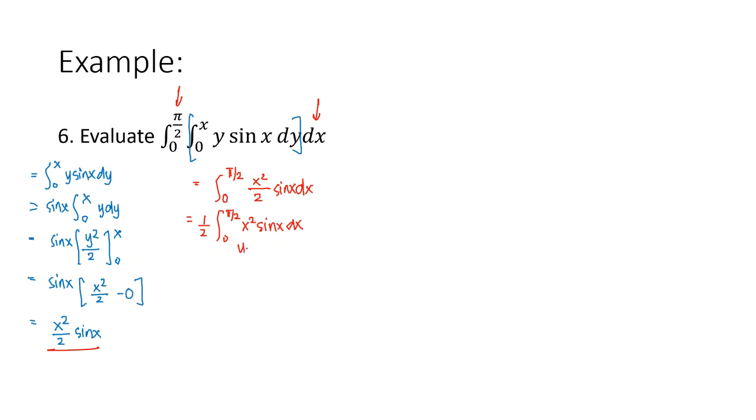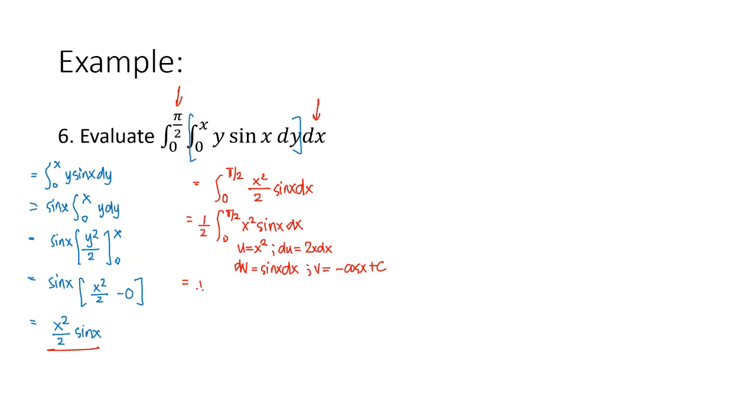So let u is equivalent to x squared. du is equivalent to 2x dx. dv is equivalent to sine x dx. Meaning to say our v, integral of sine x is negative cos x plus c.